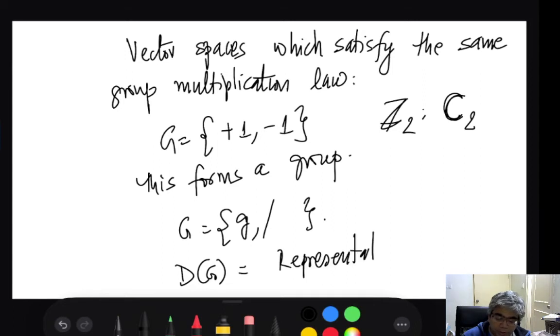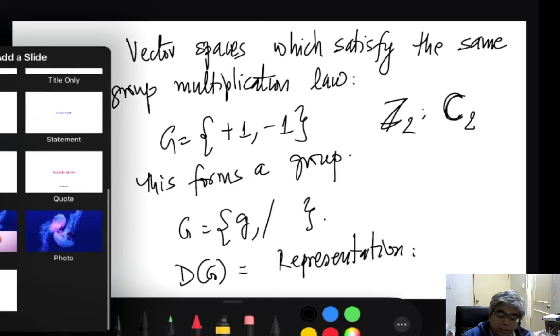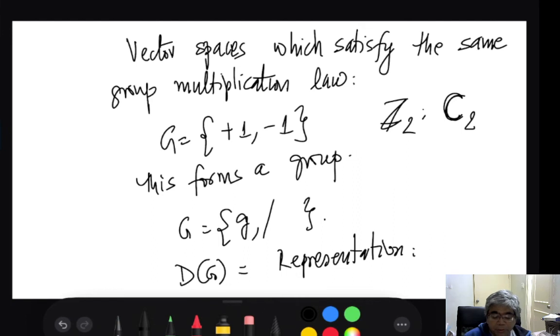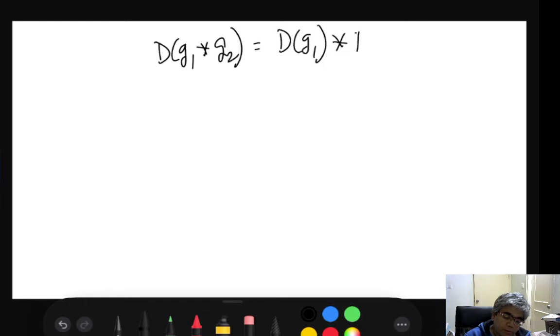It is also a set, another set of mathematical objects, most of the time matrices or numbers, such that D of g1 star g2 is equal to D of g1 star D of g2.